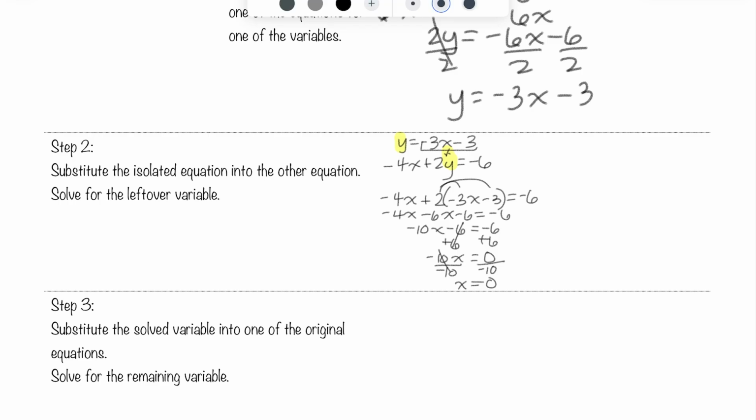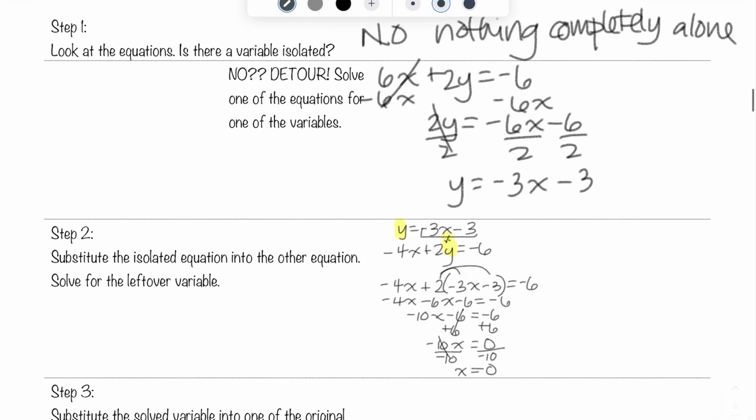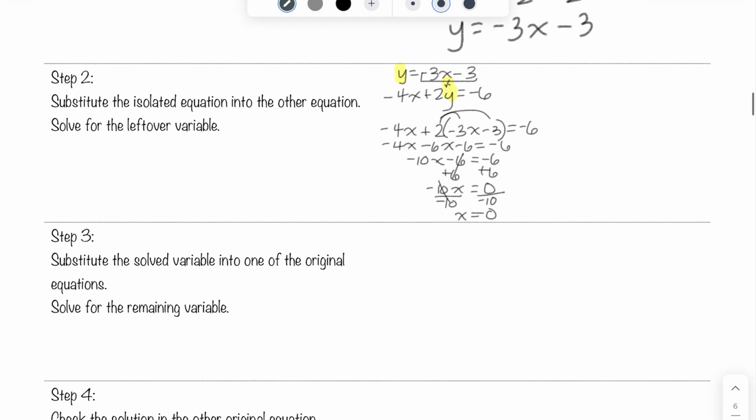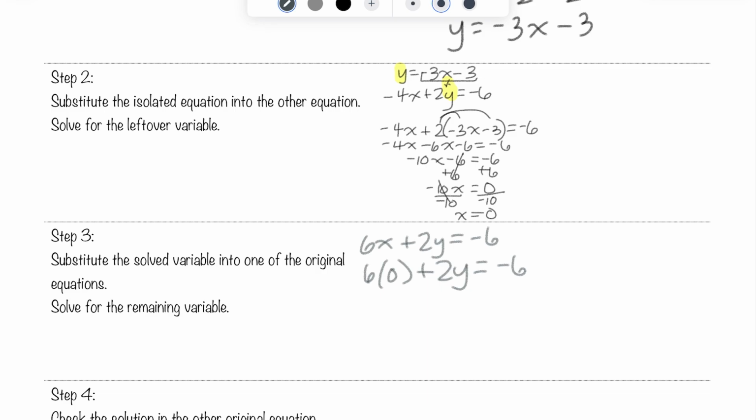I'm going to go back to one of the original equations. It has to be the original one, not the one that I solved here. It can't be this one. So I'll just go back up to that 6x plus 2y equals negative 6, and I'm substituting 0 in for x and solving for y.